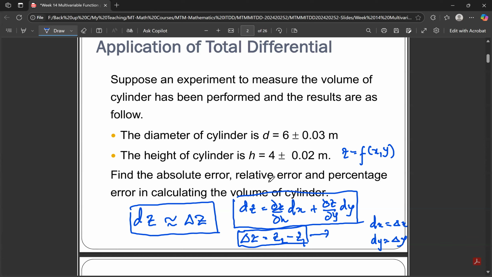Our example in the previous meeting said that if dx and dy are smaller, then dz will be closer to delta z.